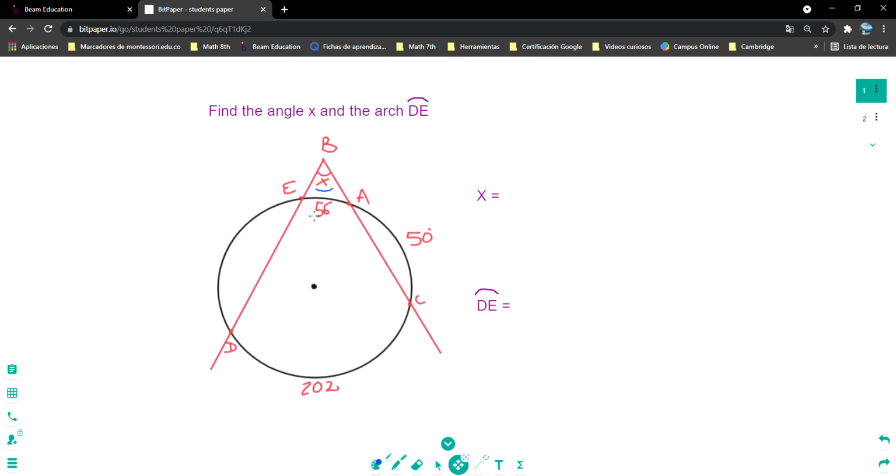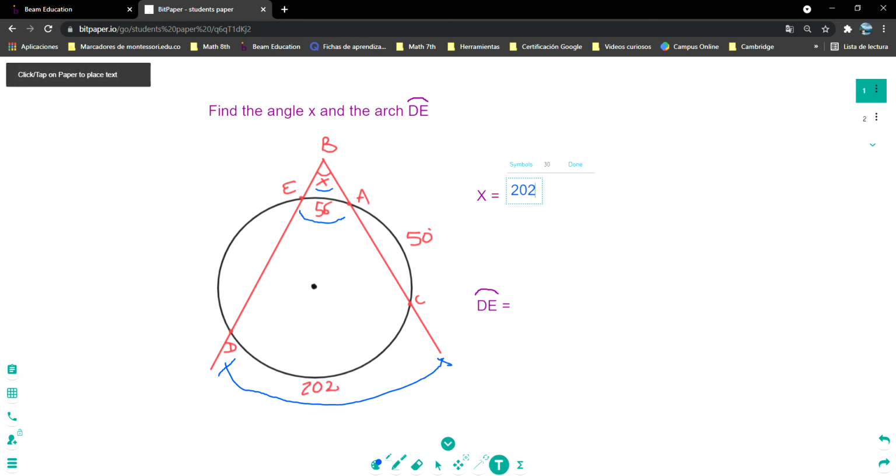So we subtract 202, the arc DC, minus the arc EA, or AE. 202 minus 56, over 2. The answer will be 73 degrees.